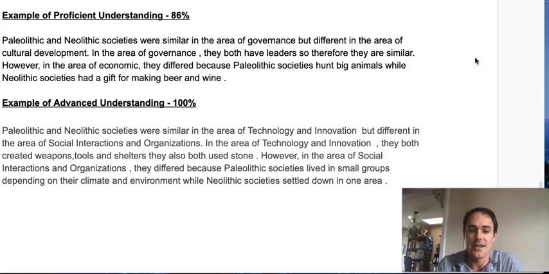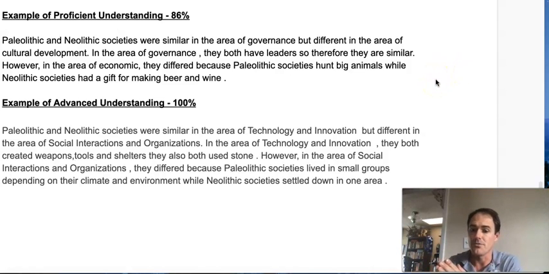Paleolithic and Neolithic societies were similar in the area of technology and innovation, but different in the area of social interactions and organizations. Great topic sentence. They filled in the blanks. They used my example. In the area of technology and innovation, they both created weapons, tools, and shelters. That's true. That's a very accurate statement, very detailed.